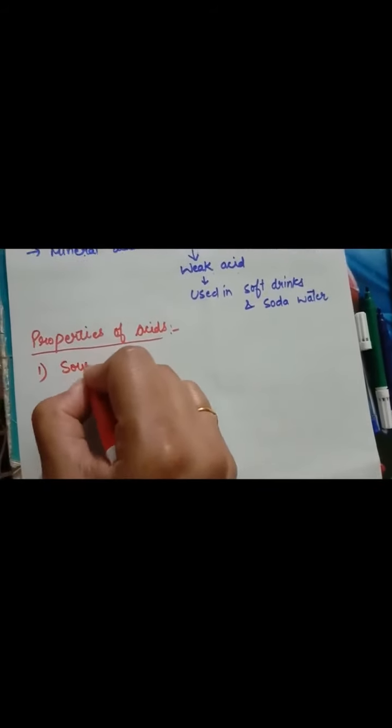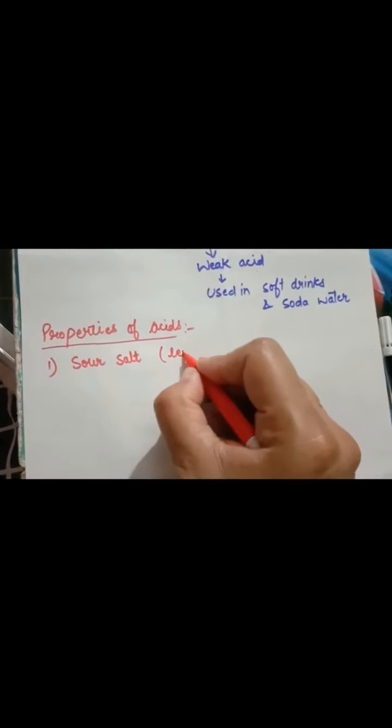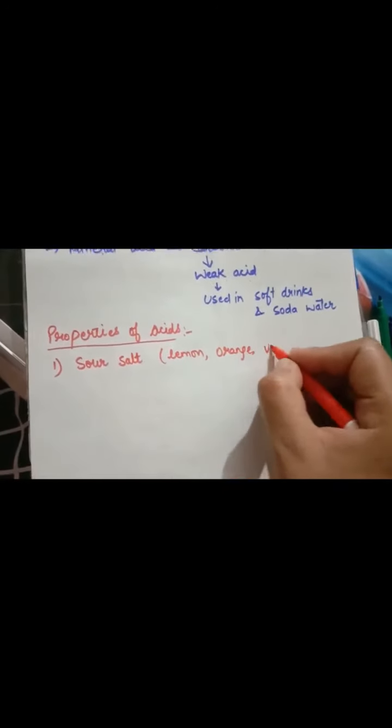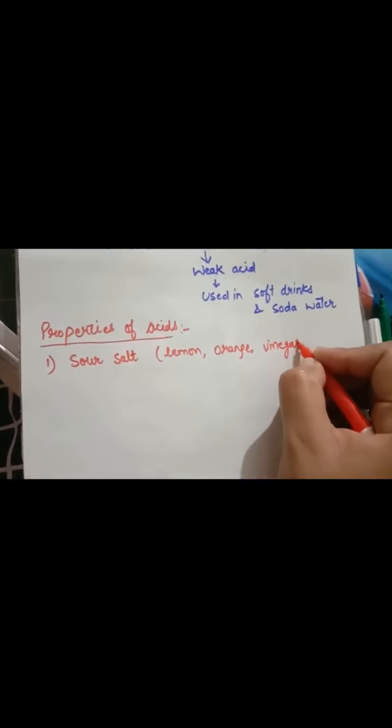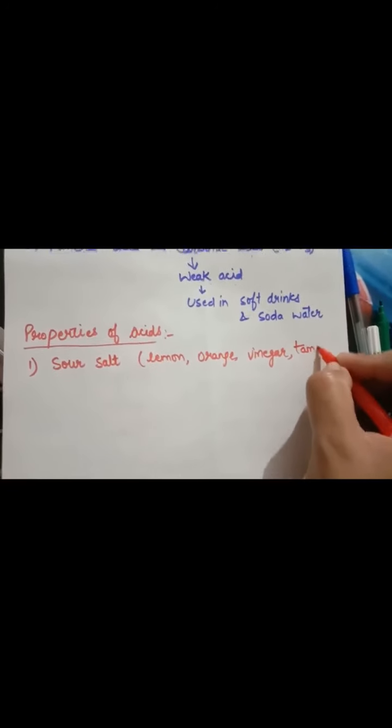So the first property is that acids have a sour taste, that we have already done in the form of lemon, orange, vinegar or tamarind.